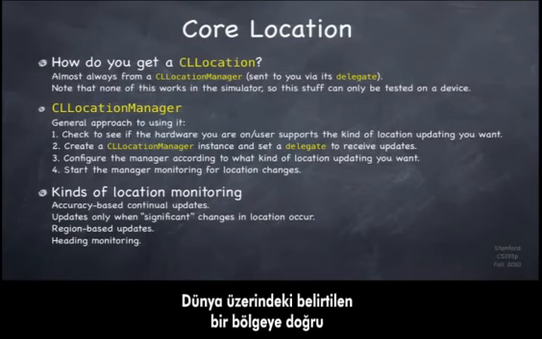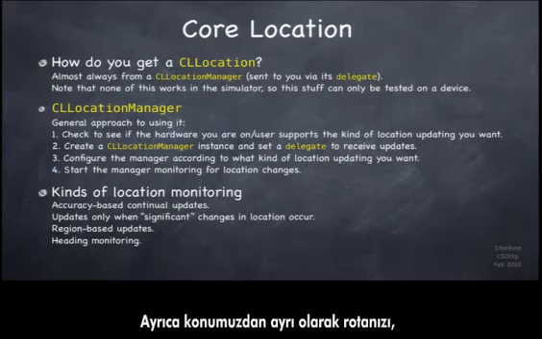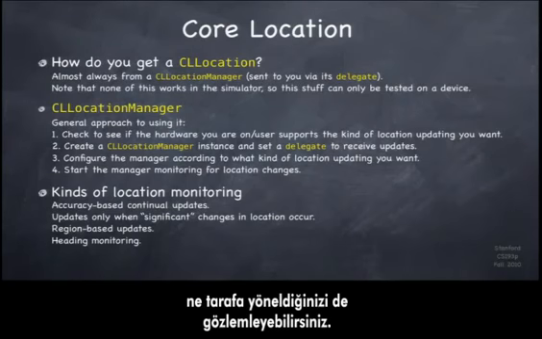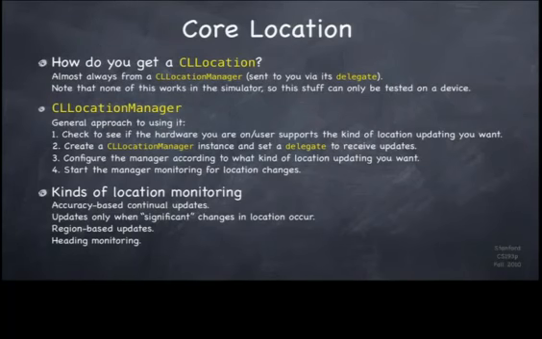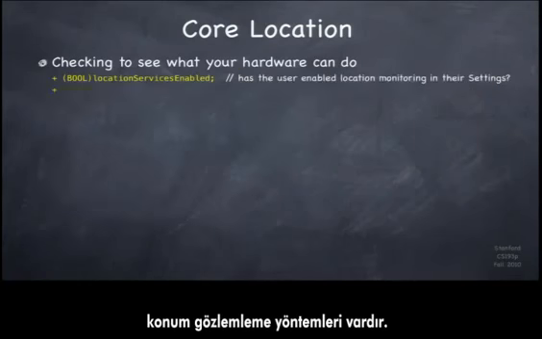You can actually get updates when you move into a specified region in the world. So you can specify a region in a certain way, and when you cross into that region, it will notify you. Okay? And then you can also monitor heading separately from location. Okay? So those are the kinds of location monitoring that a CLLocationManager can do for you.